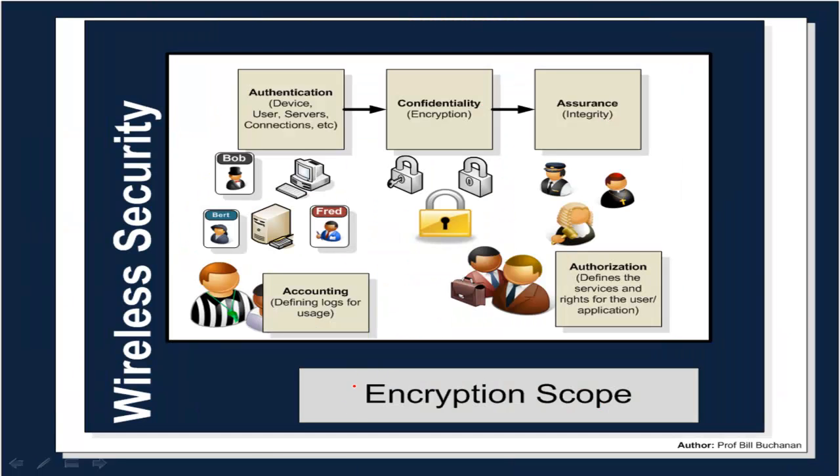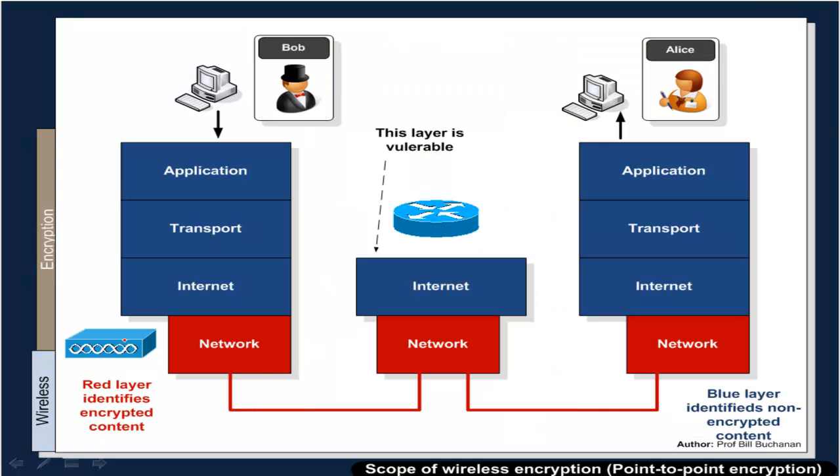One thing we do need to understand is where is the encryption happening and where is our data safe. So we need to understand the scope of the encryption. On a wireless network, basically we're only covered for wireless encryption over the network layer. So we can see here that we have some data, it then gets encrypted here at the wireless layer, it is then sent to the access point. But wherever we go back up to layer 3, it is then unencrypted.